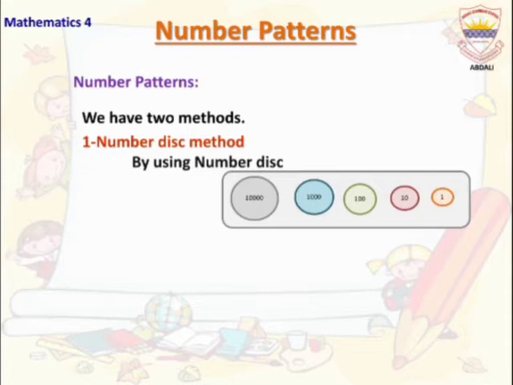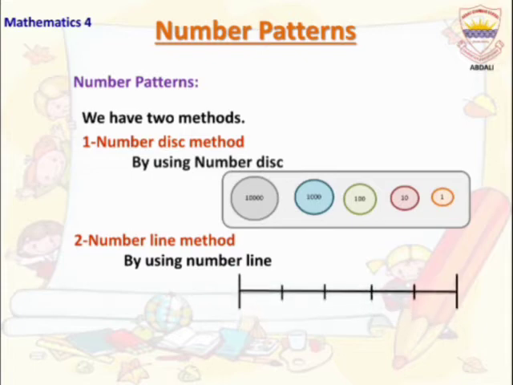Now we discuss our second method, that is the number line method, by using a number line. Here, students, a number line is shown. We have two methods for number pattern, but we discuss only our second method right now.